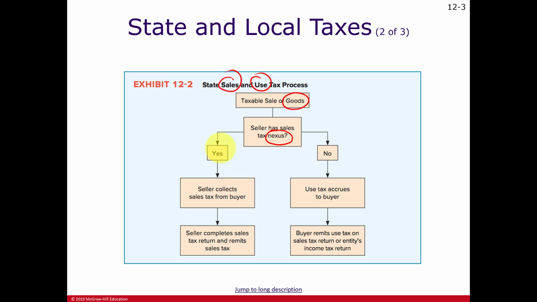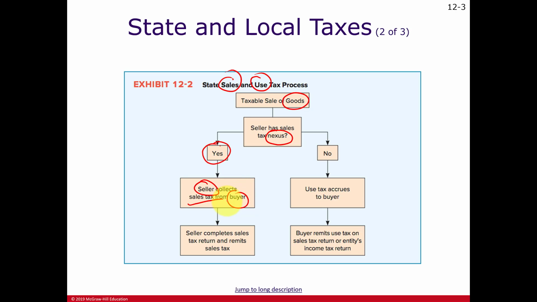And if it's yes, and we'll talk about nexus in a few slides from now, and if we do have nexus, then the selling business, the selling corporation has to collect from the buyer the sales tax and remit it to that state government where the buyer is located.